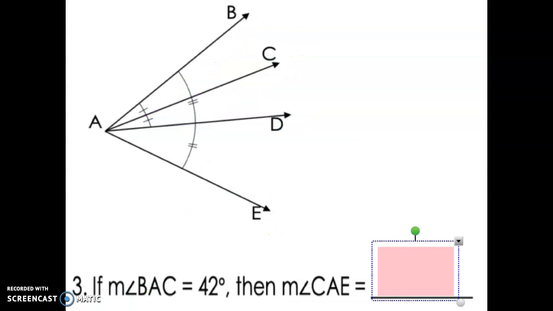And finally, number 3, this one is a little more complicated. Now it says if the measure of angle BAC is 42 degrees, we need to find the measure of angle CAE. So the first thing we want to do is find angle BAC on the picture. So we're going to go with yellow here. BAC.